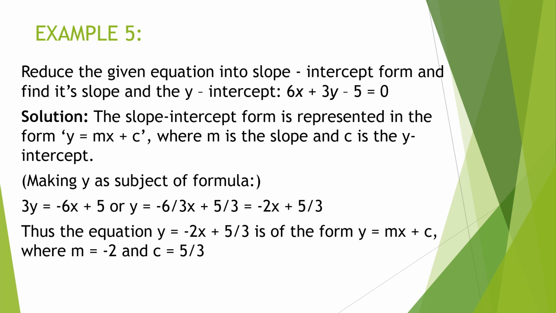So from 6x plus 3y minus 5 equal to 0, since we want to convert it into the slope-intercept form, we make y the subject of the formula. So y on simplification is minus 2x plus 5 upon 3. You compare that with mx plus c. Then what is m? m is minus 2 and c is 5 upon 3.